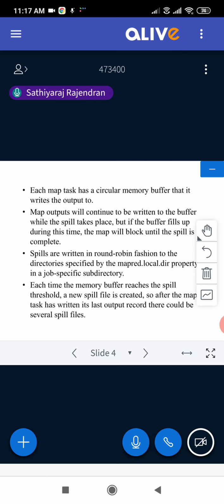So the first is the process and the second is the spill, and whichever of the two executes first, either the process or the spill, decides the outcome. If the process executes first, then the spill can be aborted. If the spill executes first, then the process can be aborted. This mechanism is called speculative execution. I'm repeating, this mechanism is called speculative execution.